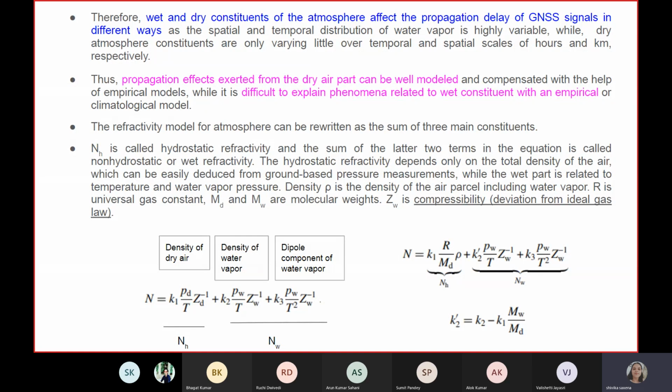So you won't see D much as a subscript; you will see more of H. Wherever H is the subscript, you understand that it means the dry portion of the delay. Generally, instead of using hydrostatic and non-hydrostatic, we use hydrostatic and wet. I hope this is clear.